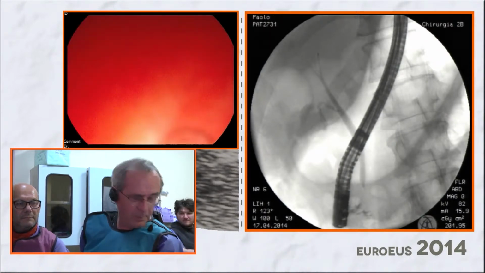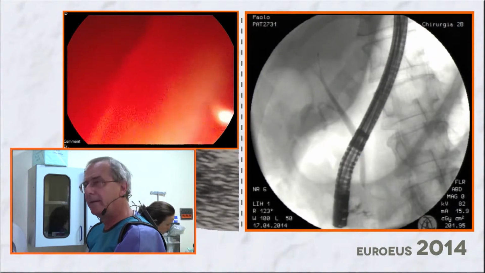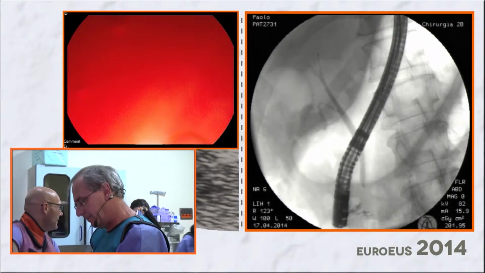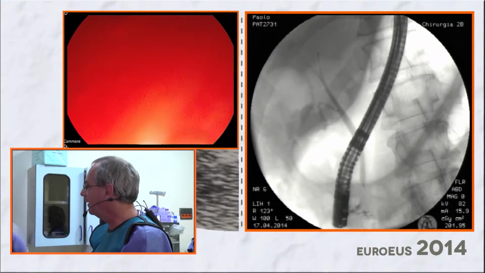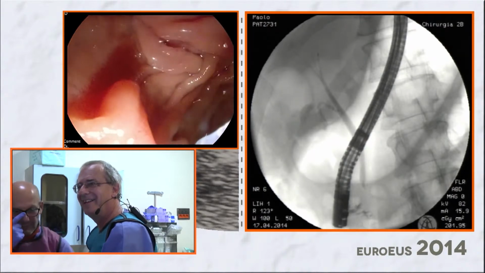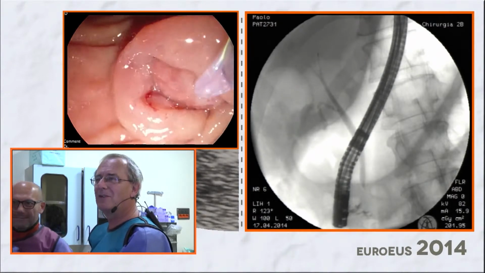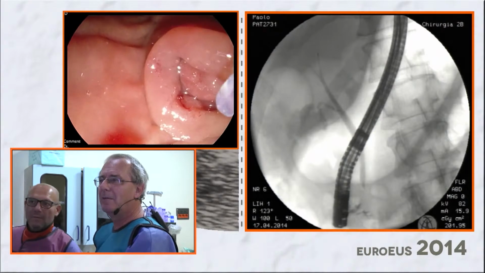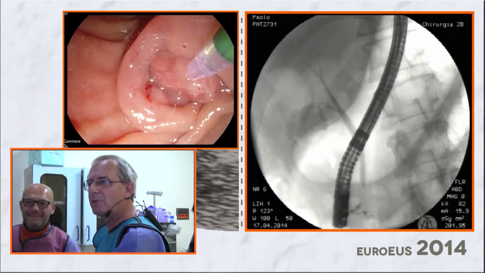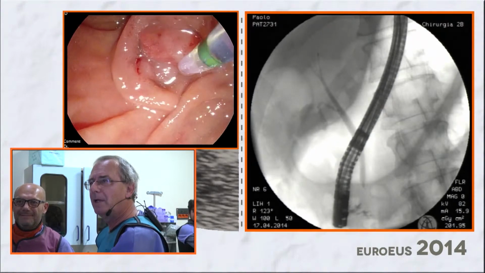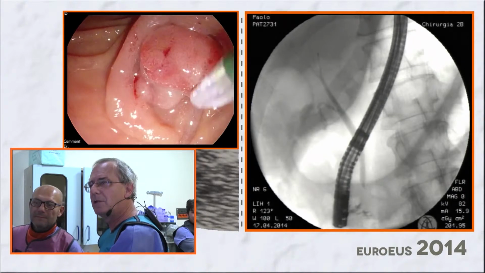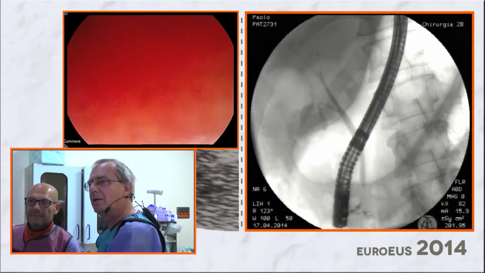Can I have some Buscopan, please? Okay. So I will try once again, but if I'm not able to opacify the pancreas, then we will proceed to papillectomy. Maybe there are two orifices, who knows? Maybe here.